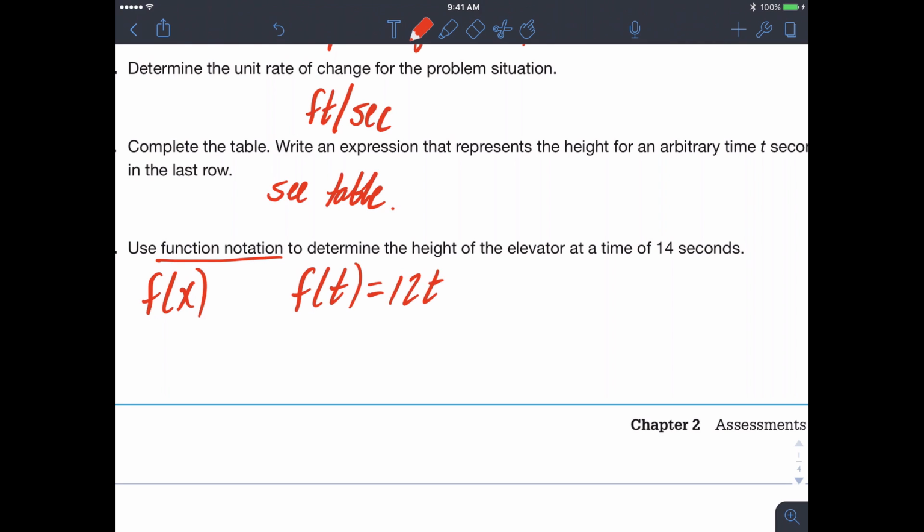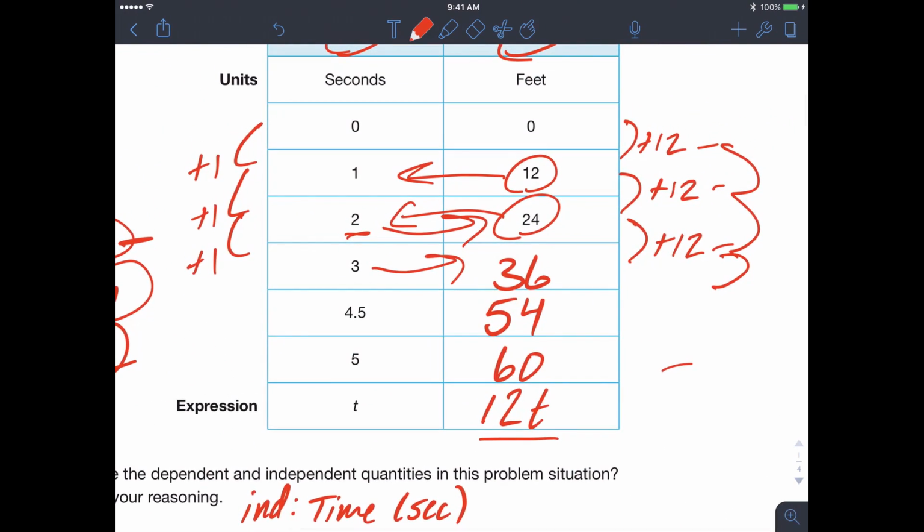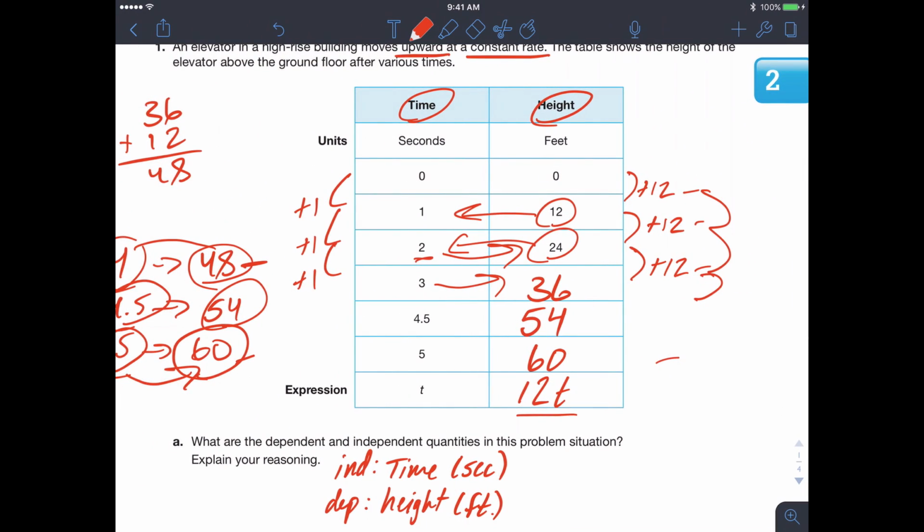Now, determine the height of the elevator at a time of 14 seconds. So what they're asking is, see how this table keeps going at seconds 0, 1, 2, 3, 4, 5. They want to know when seconds is at 14, what's the height going to be in feet?